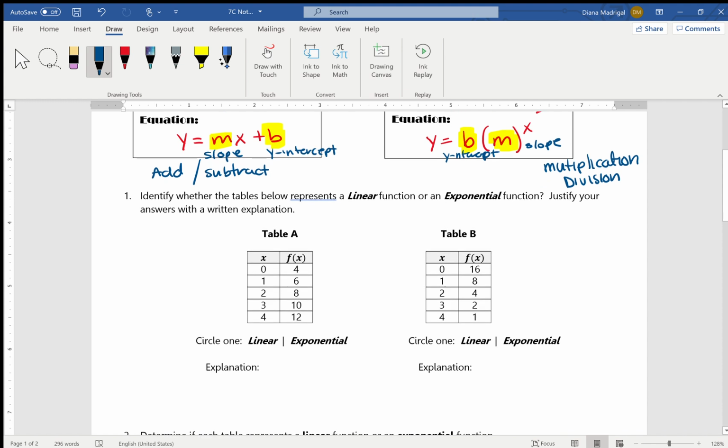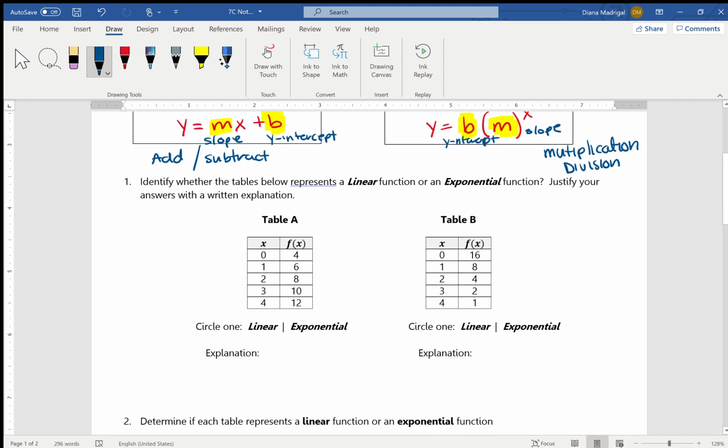So let's practice. Question number 1 says identify whether the tables below represent a linear function or exponential function and justify your answer with a written explanation. You are always going to be looking at the numbers of f of x, always. Don't even pay attention to the x right now. Some of you get confused when you look at tables like this.